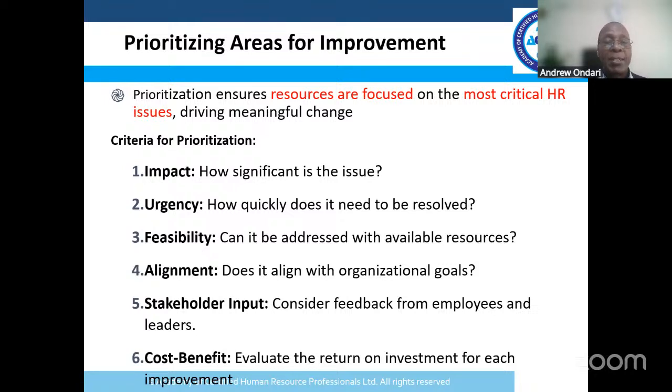One is the impact. I want to pick any of the HR functions at random and talk about impact. Health and safety is one of the functions of HR, though it's a cross-cutting function. We have identified that our health and safety systems may not be working.